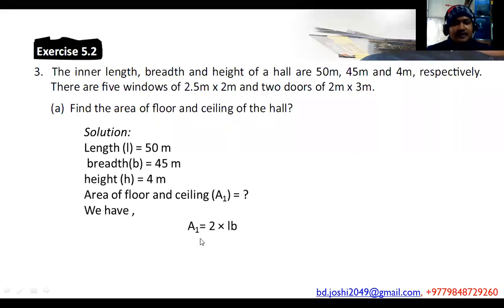We know the formula: area of floor and ceiling is equal to 2 times L into B. It is 2 times 50 into 45. After multiplying these three values, we will get the answer 4500 meter square.